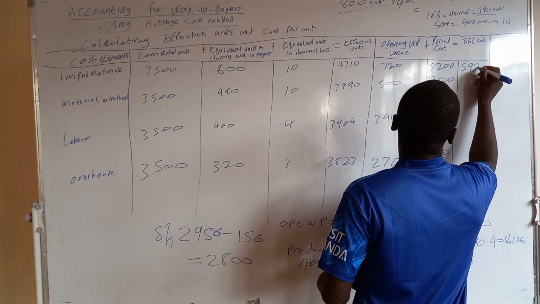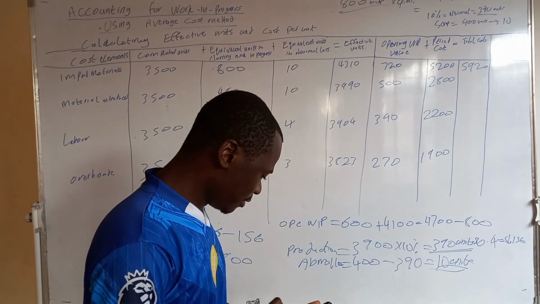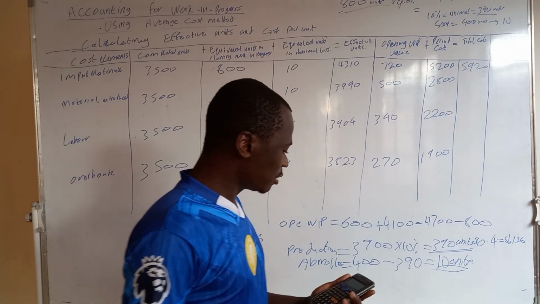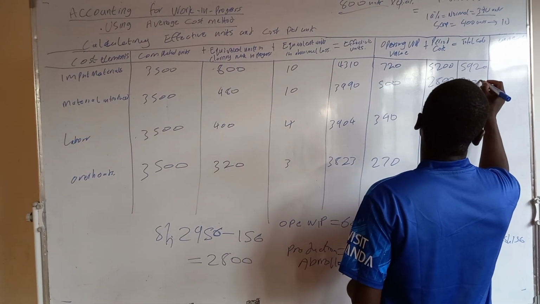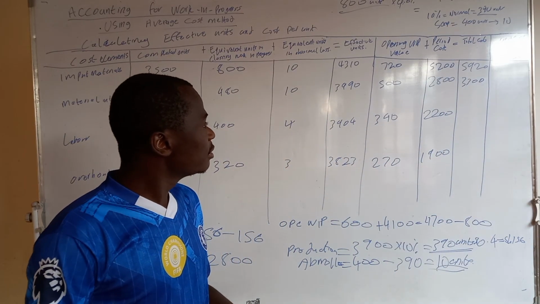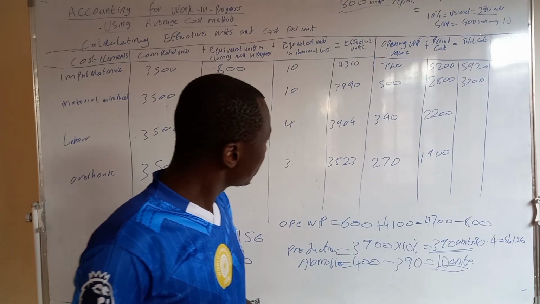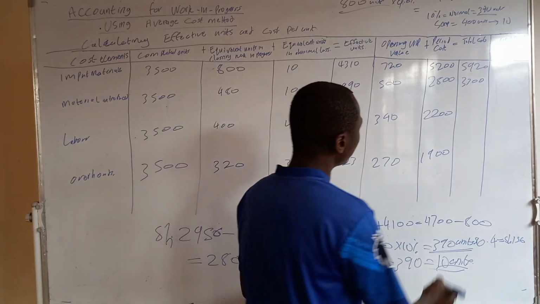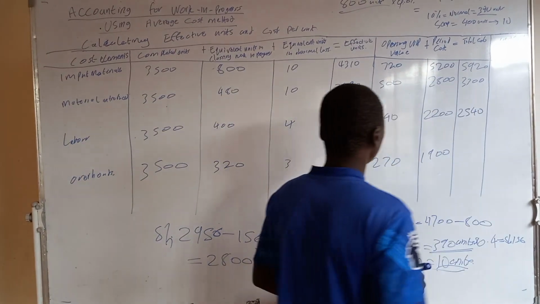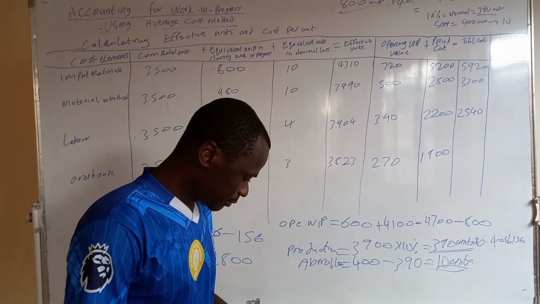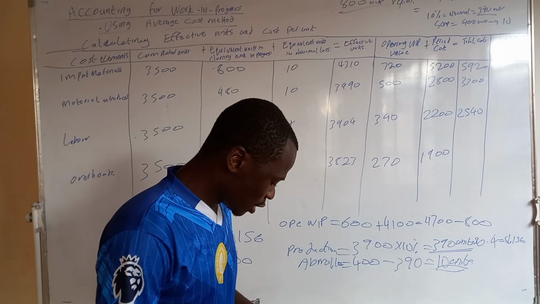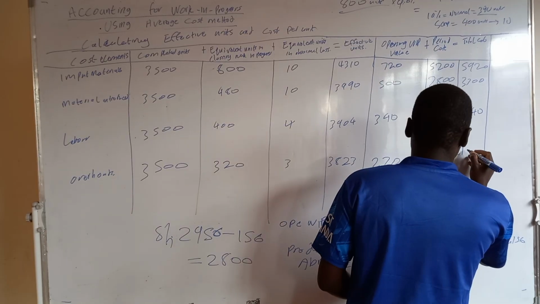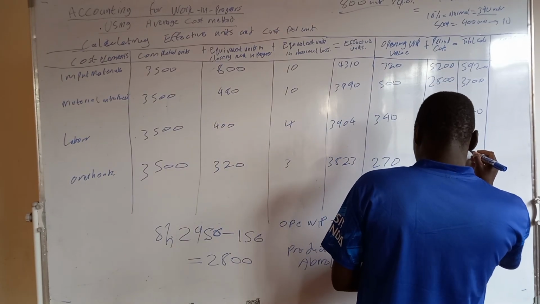Then 500 plus 2,800, that is 3,300. Then 340 plus 2,200, that is 2,540. Then 270 plus 1,900, that is 2,170.